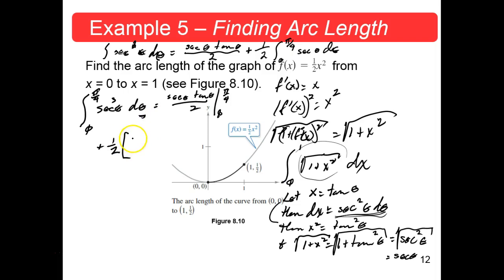This is the natural log of, and they put absolute value. We'll see that's not really necessary in this case, but I'm going to put absolute value of secant theta plus tangent theta.